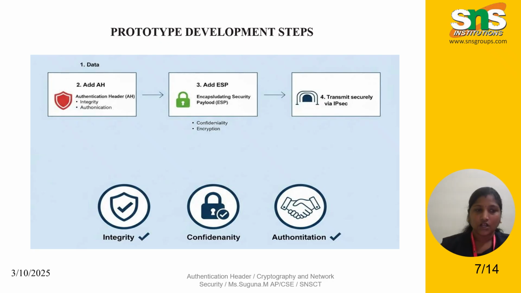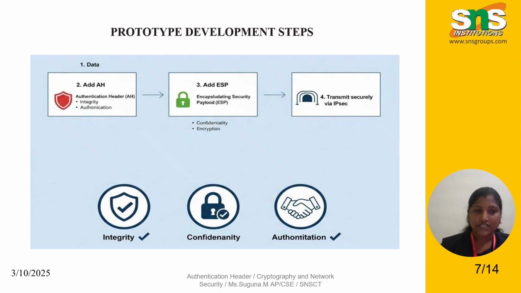So here is the prototype development step. How do they work? Now let's see how the authentication header and encapsulating security payload work internally. Here the AH, the authentication header, protects the IP header plus payload except the mutable fields. ESP protects only the payload but encrypts it completely. Both create a secure packet structure. Both use hashing plus keying material to protect the message.